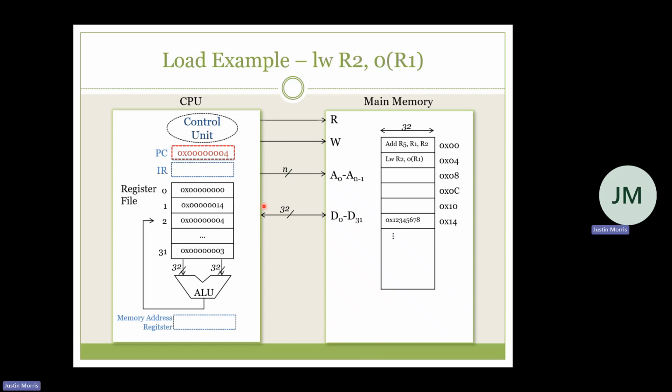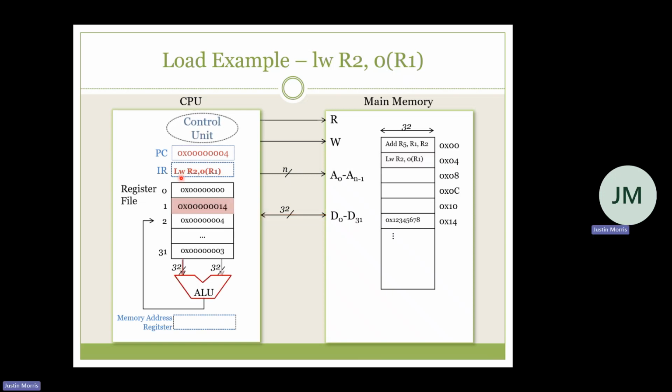Okay, so here's our example. We have PC pointing to address 4 in memory. So we're going to first read that word from our memory and store it into the instruction register.